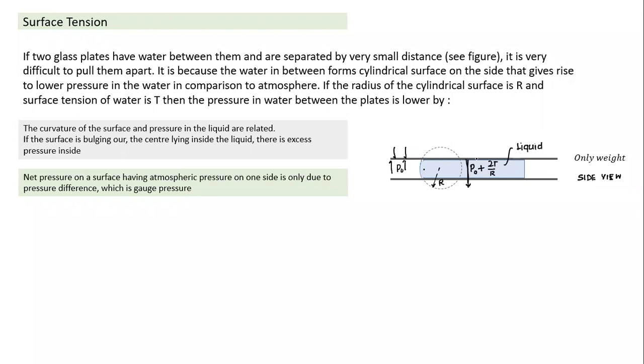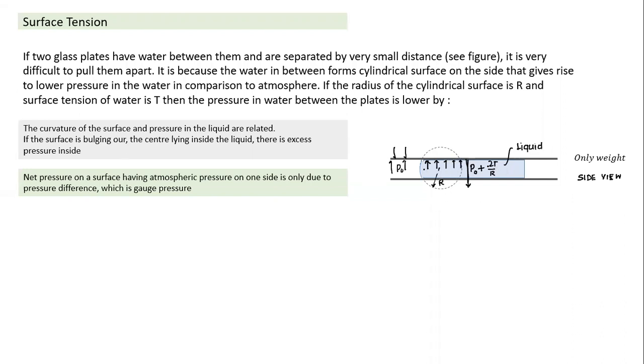Only where liquid is there, on one side air, on the other side liquid. Air is exerting a force of P0 downwards. Liquid is exerting a force of P0 plus 2T by R upwards. I can remove P0 and P0. It is equivalent to the excess pressure exerting a net force in the pushing direction. That's the net force exerted by the liquid which is in contact.